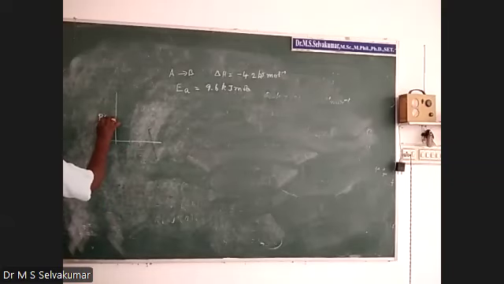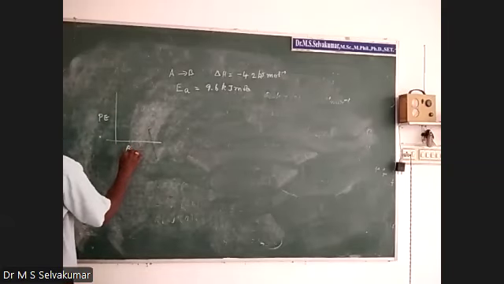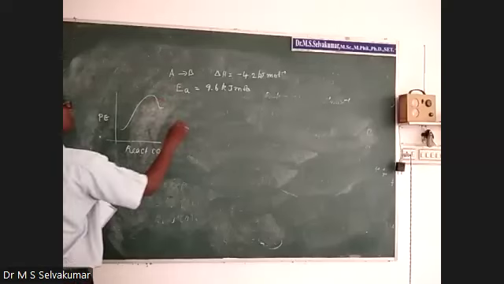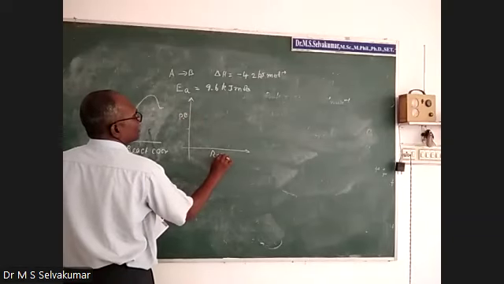This is potential energy. This is reaction coordinate. First graph is like this. Second graph, this is potential energy, this is the reaction coordinate.